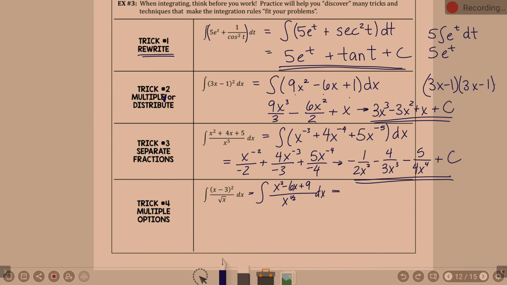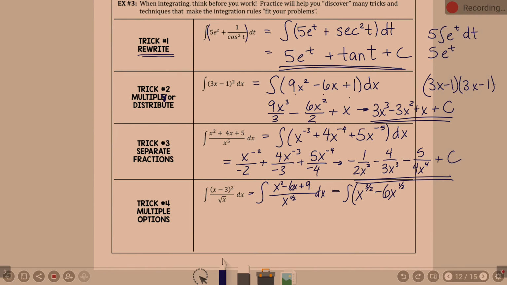Now we can use the idea of one denominator to separate this into 3 separate fractions. Fun fractions at that, aren't they? What's x squared divided by x to the 1/2? X to the 3/2, minus 6x divided by x to the 1/2. 6x to the 1/2, is that what we said?